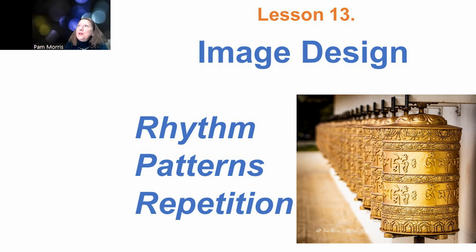Well, we're going to continue where we were with looking at all of the aspects of an image that assist us in creating an amazing image, one that has a narrative, one that the aesthetics are pleasant.